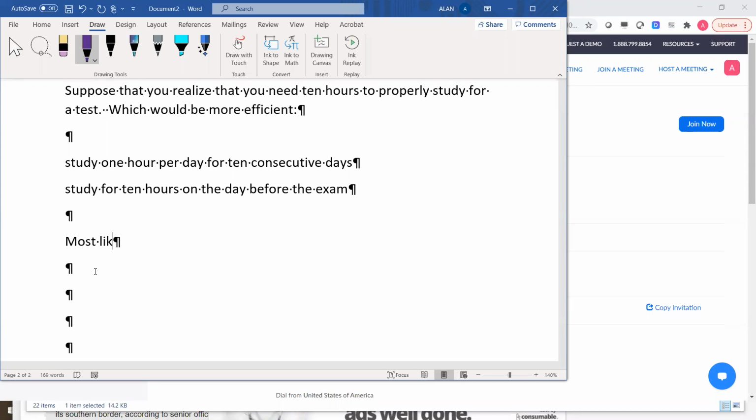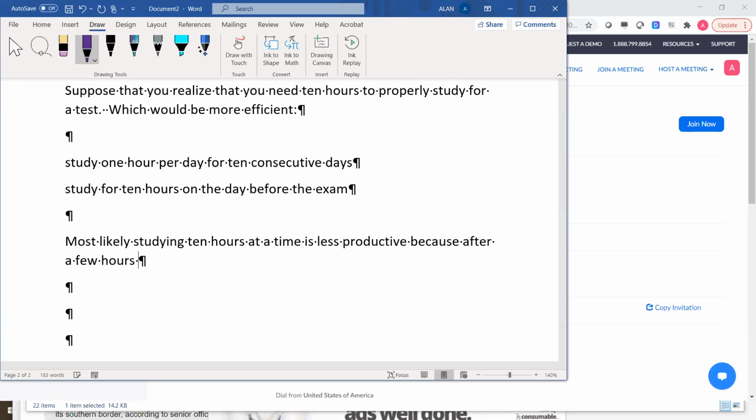But I would say that realistically, most likely, studying 10 hours at a time is less productive because after a few hours, you become tired and it becomes more difficult to absorb the material.